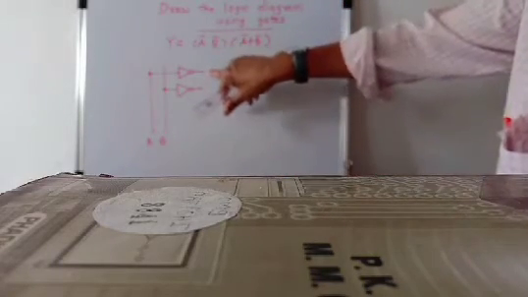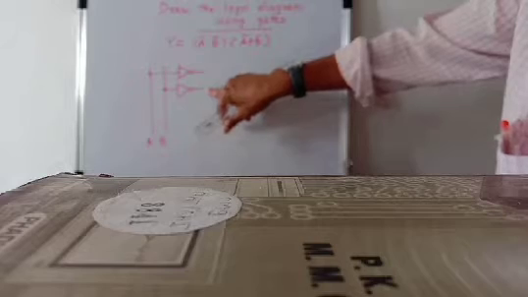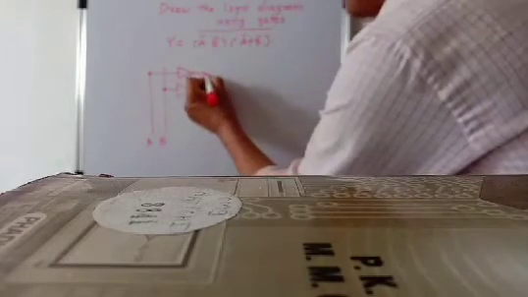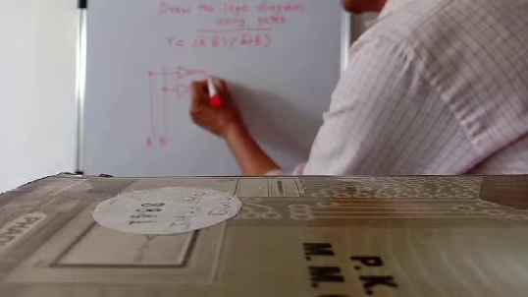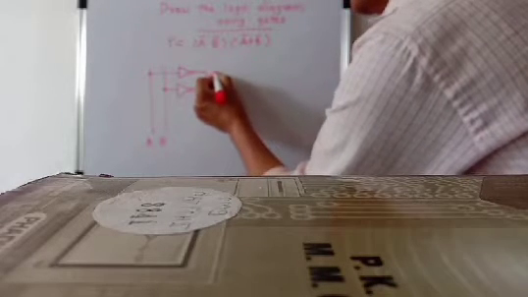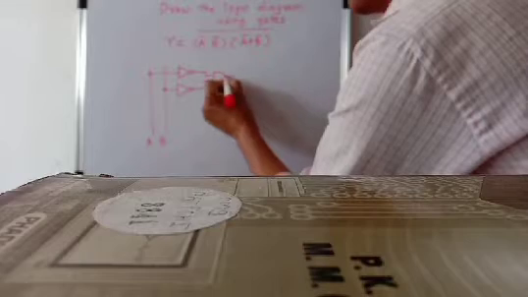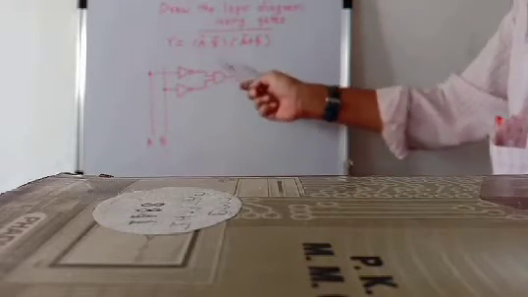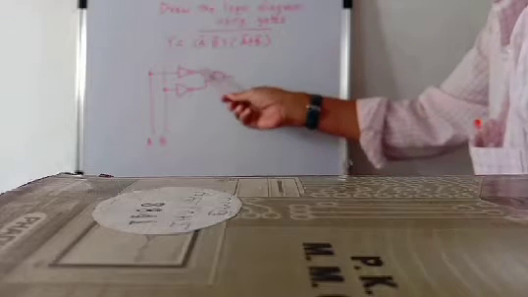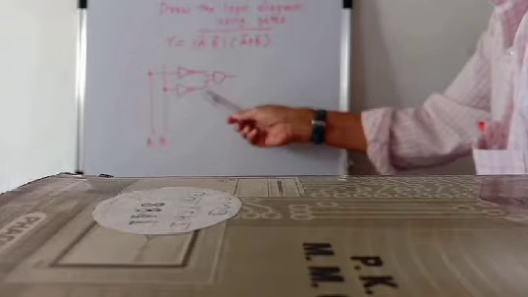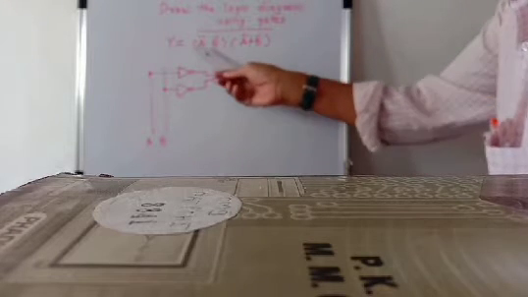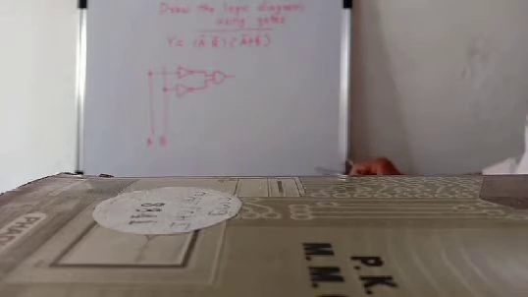Here we are getting A bar, here B bar, so A bar into B bar. So we require one AND gate, so that we are getting A bar into B bar. The output of the AND gate is A bar into B bar.